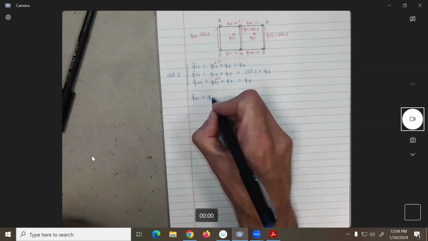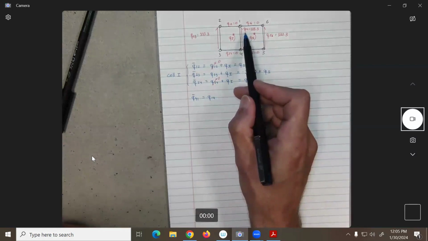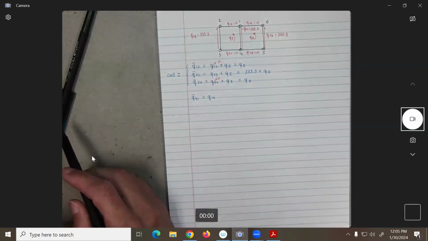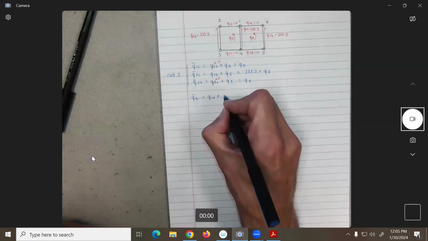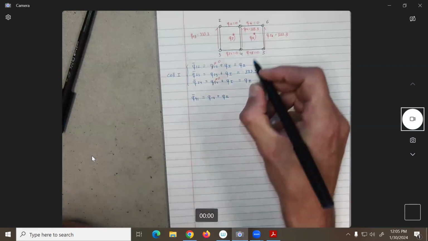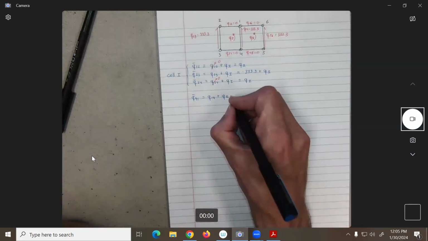It's going from the bottom, so it should be equal to what? Q 4-1 or 1-4, is that okay? Because I've already here as 1-4. Okay? Now, what are we going to have? Plus Q1, but now what happened? We have the Q2 on the other side, no? So what are we going to have here?